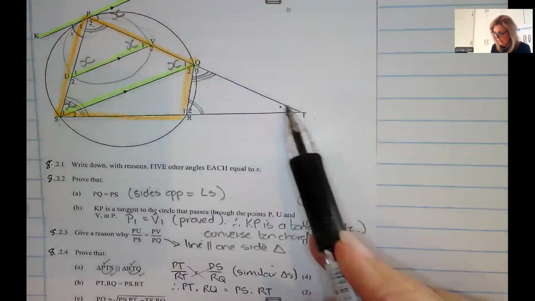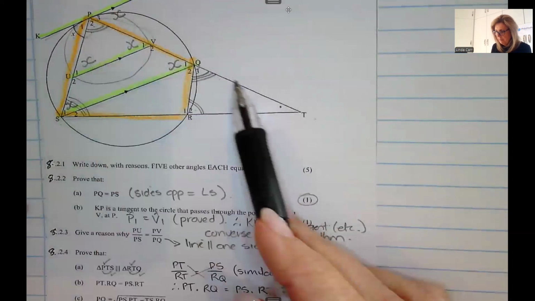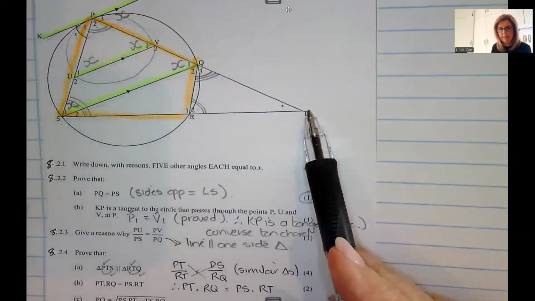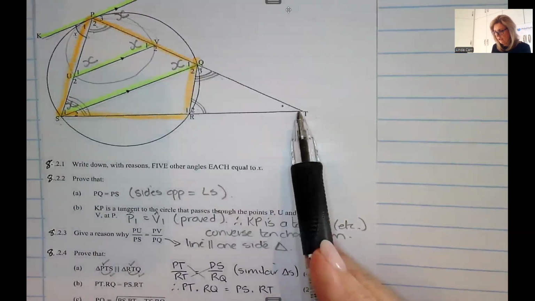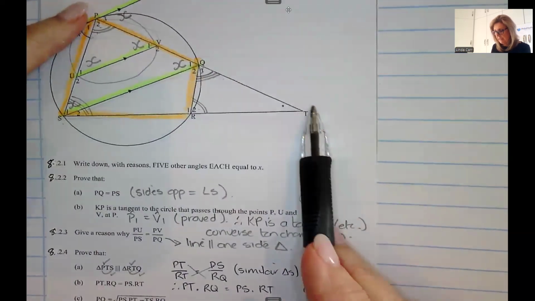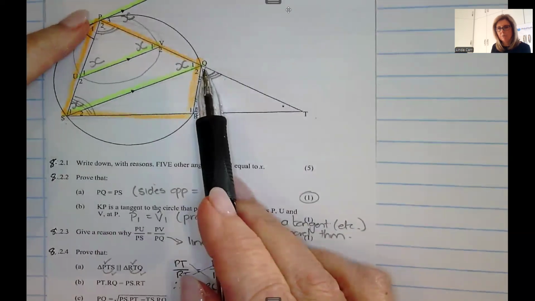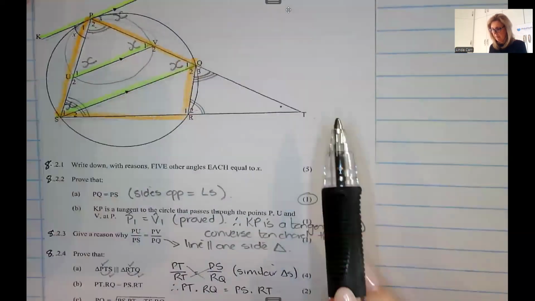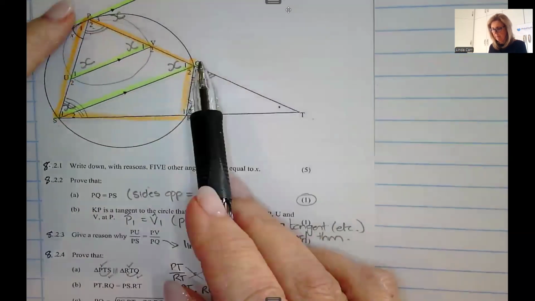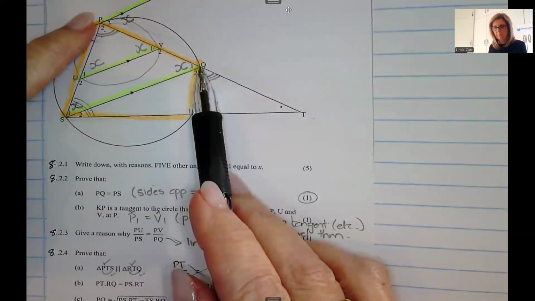I want PT. So let's have a look at QT and PT. There's QT, there's PT. Would you agree that QT is just PT minus PQ? Okay, I'll say that again. QT is PT minus PQ. So that's what I'm going to do here.